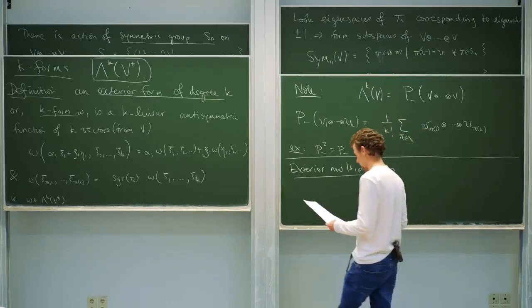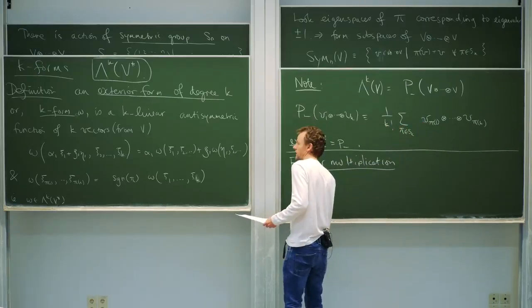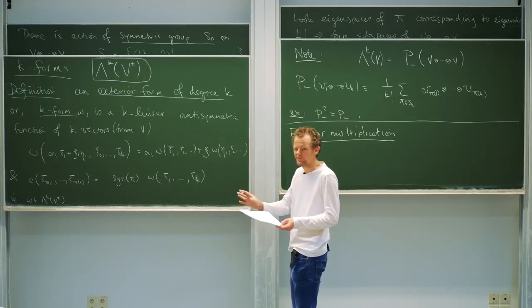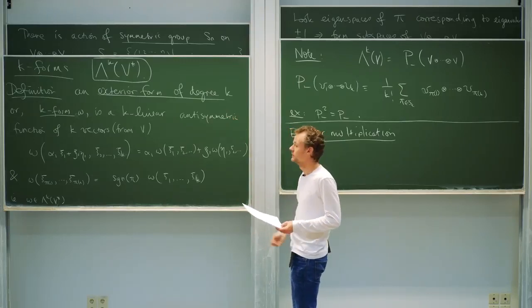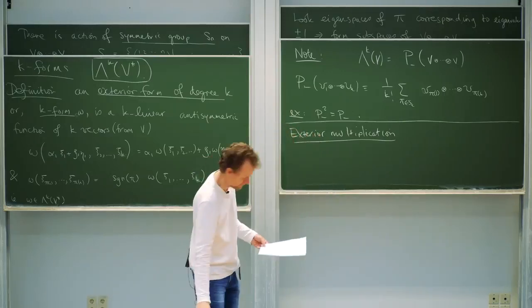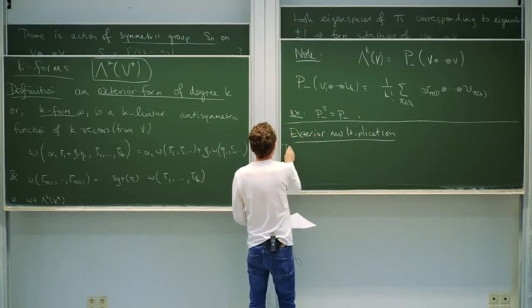And the operation that we're going to introduce is somehow just the tensor product symbol corrected for this defect that it doesn't preserve antisymmetricity. Here's the definition.